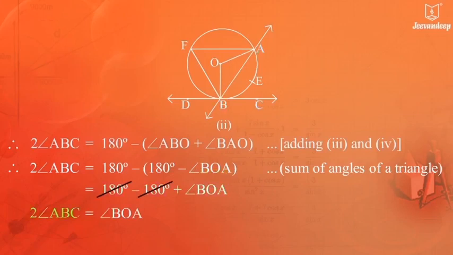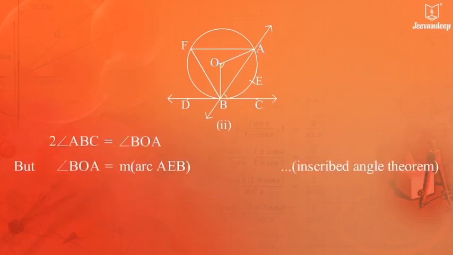Therefore, twice angle ABC equals angle BOA. But according to the inscribed angle theorem, angle BOA equals the measure of arc AEB. Therefore, twice angle ABC equals the measure of arc AEB.